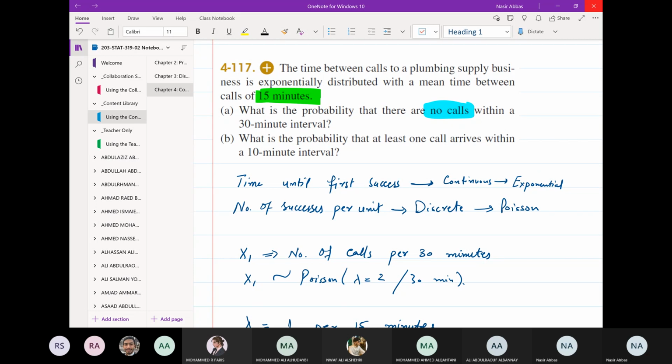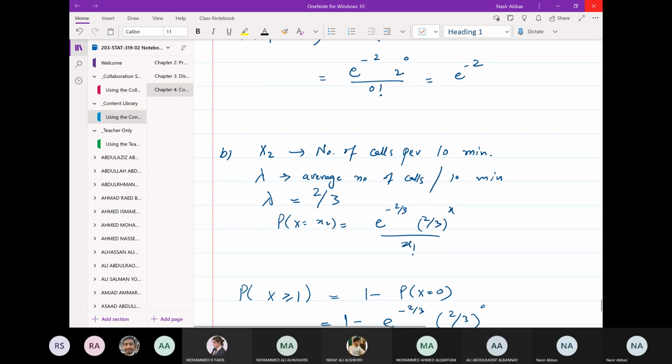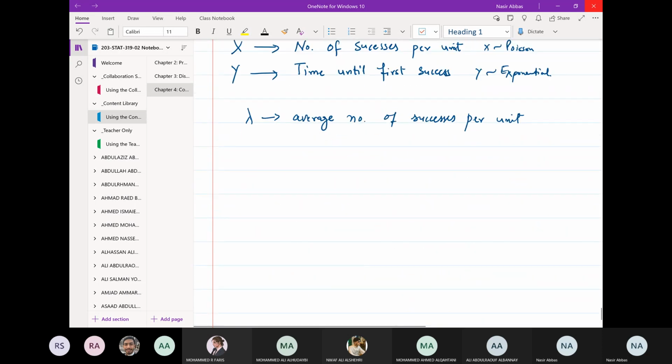The question says that the average time till the first call is 15. Yes, average time until first call is 15. What is this 15? It is the mean time until first call. Right? Yes.